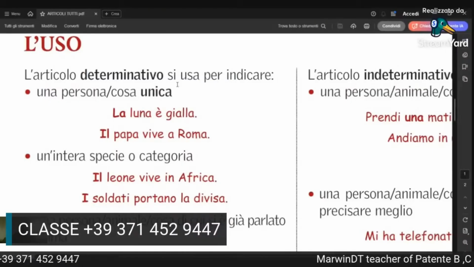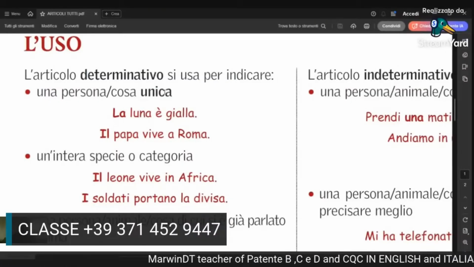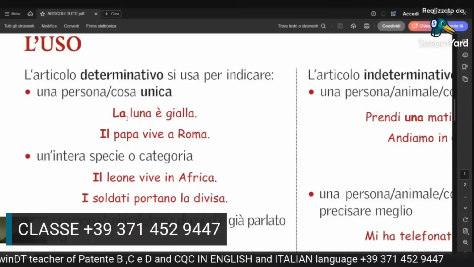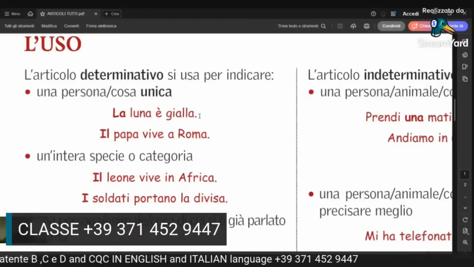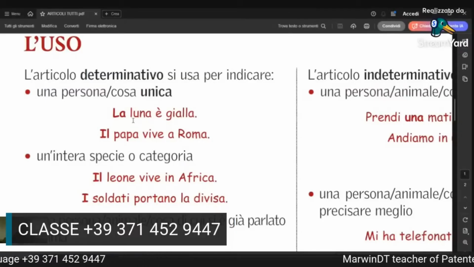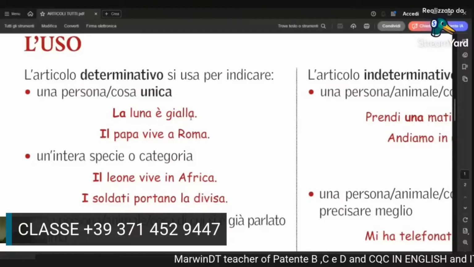L'articolo determinativo si usa per indicare una persona o cosa unica. So for instance, la luna è gialla. La luna means the moon. The moon è gialla. The moon is yellow.